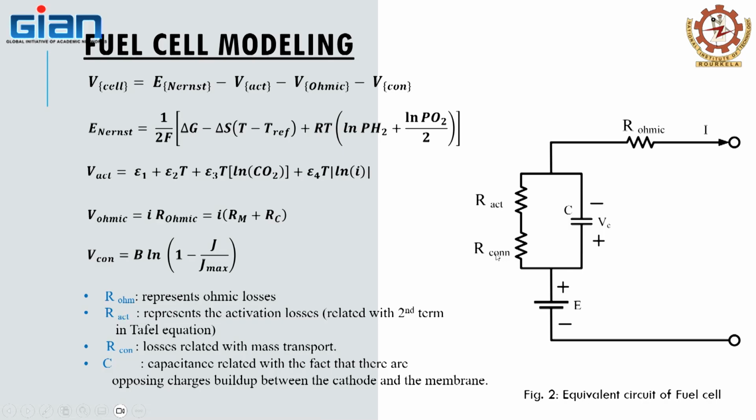R concentration represents the concentration loss occurring in the fuel cell, R act represents the activation loss associated with the fuel cell, and R ohmic is the ohmic loss present in the fuel cell. With the help of these equations, we can easily model the fuel cell to predict the performance.